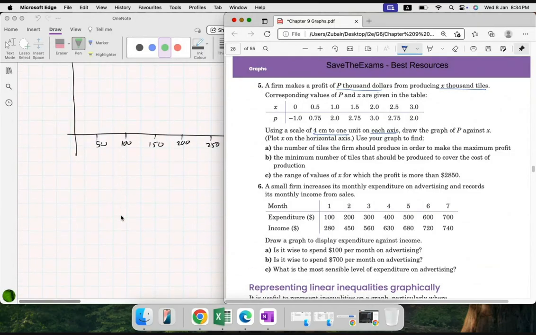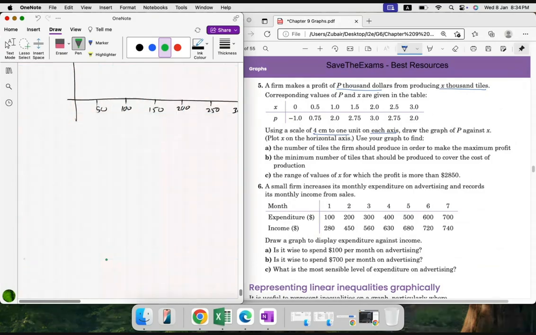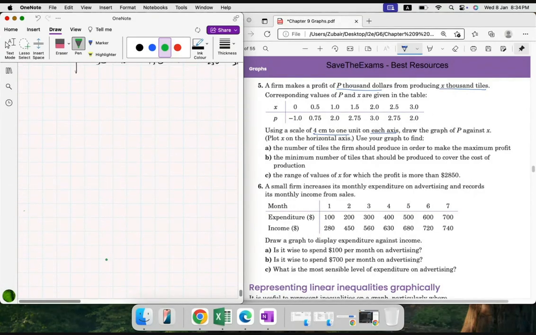I'm using the same grid and trying to draw as neat as possible. Let's say, 4 centimeters, 4 times is 12. So I would at least need 12 boxes on each axis. 1, 2, 3, 4, 5, 6, 7, 8, 9, 10, 11, 12.